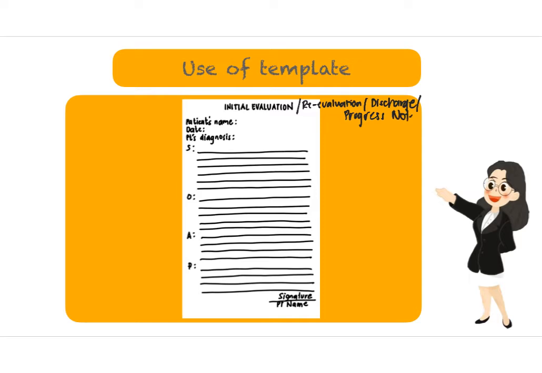You need to write what type of PT note you're going to write. Then it shall include the patient's name, or in some other instances, the patient's initials. You'll also have to write the date, and then the patient's diagnosis. For instance, the patient has right adhesive capsulitis.